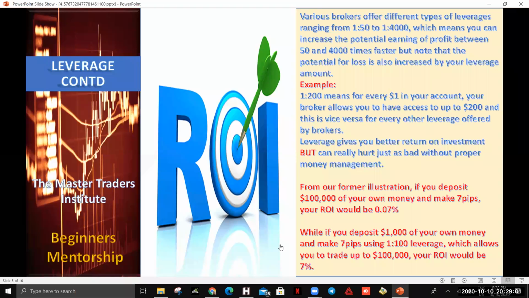So remember that the more leverage you have, if you are thinking of the profit, always remember what the loss is too. Because if the trade is going against you, you're going to lose your money faster than someone who actually has a lower leverage. Now, for example, 1:200 means for $1 in your account, your broker allows you to access up to $200.